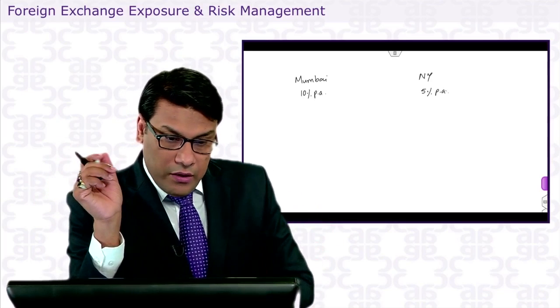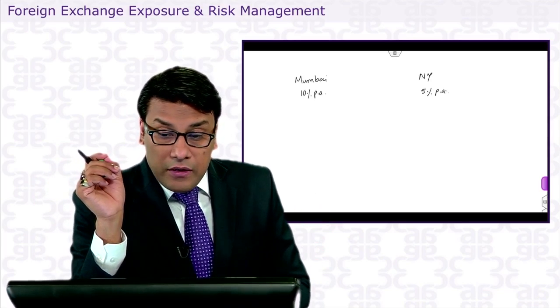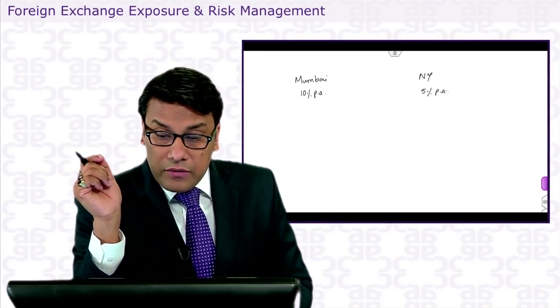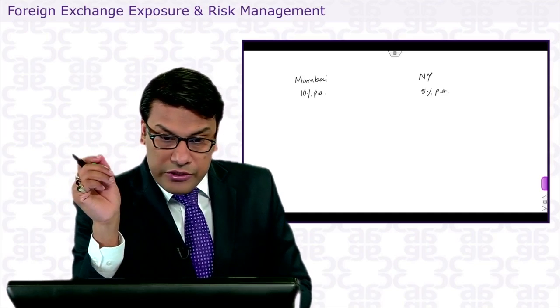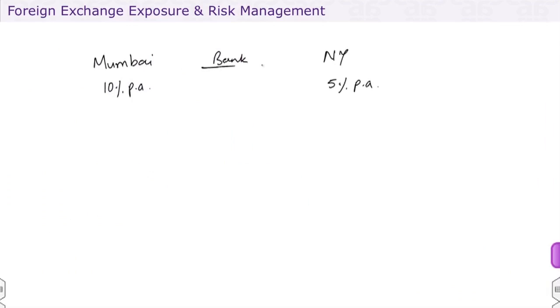So you have this piece of information: the Mumbai interbank lending rate and the New York interbank borrowing rate, supposedly 10% and 5%. You call your bank or your dealer, and they say that a dollar is worth, say, rupees 60.00.